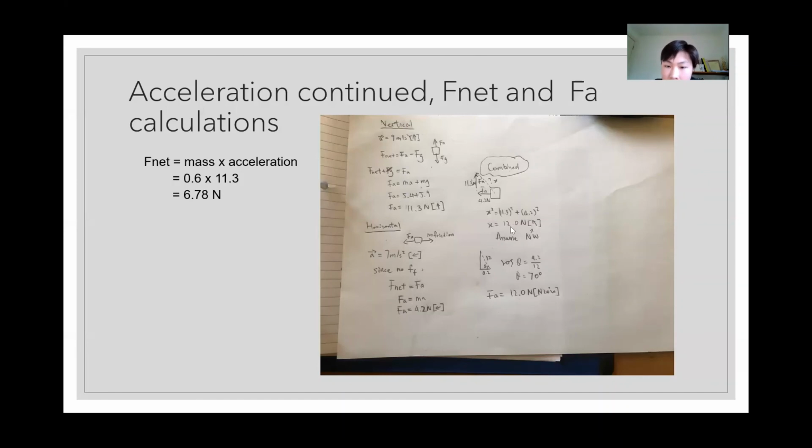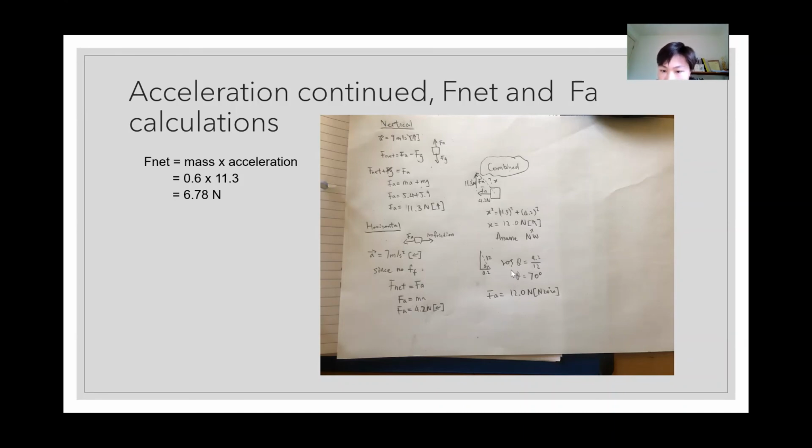So now we found the force applied in that direction. We need to find the direction. So I used cosine. I have the dashed line of 12, what we just calculated, and going left is 4.2 newtons.